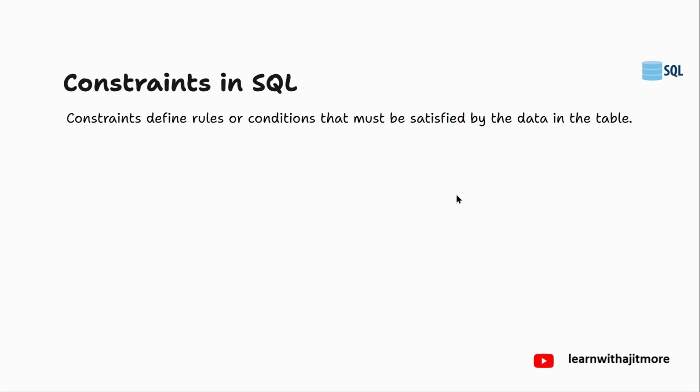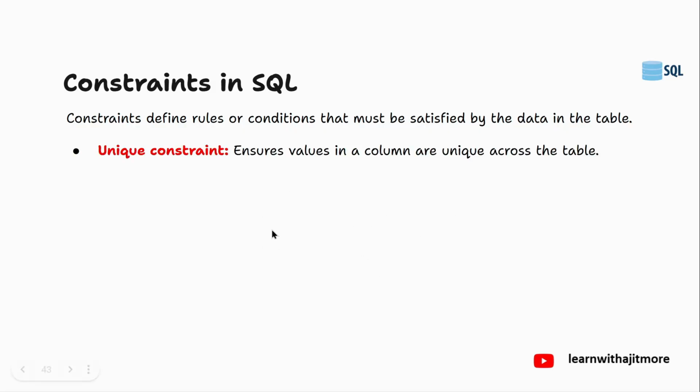But quickly, within 2 minutes, all the constraints which I told you: unique constraint, check constraint, primary key constraint, and foreign key, we'll do their definitions. And next time, I'll show you one practical demo of foreign key and primary key. So unique constraint ensures values in a column are unique across the table.